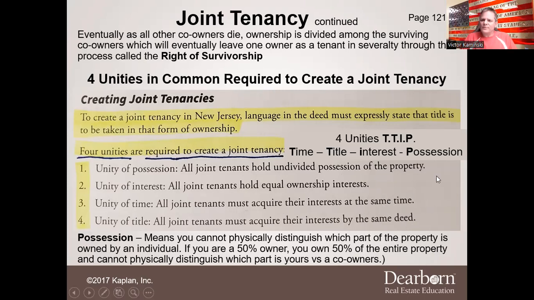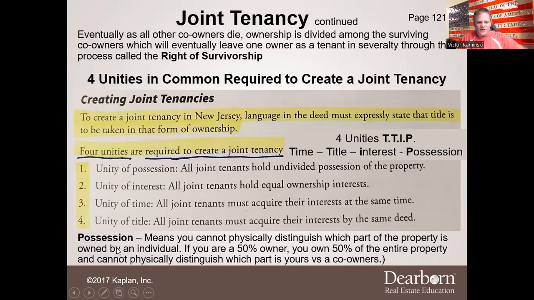When you take ownership in that way, depending on the number of owners, they all have to have equal ownership shares as well. And then lastly, the unity of possession. You cannot physically distinguish which part of the property is mine or yours. I have a percentage of ownership interest in the entire property. There's no line drawn down the middle that says, well, that's my portion.